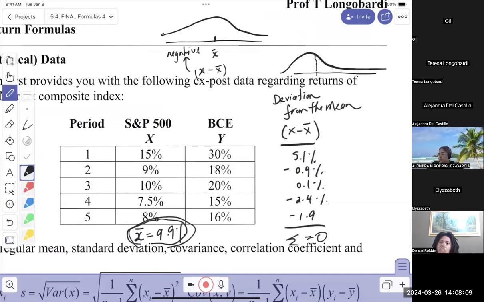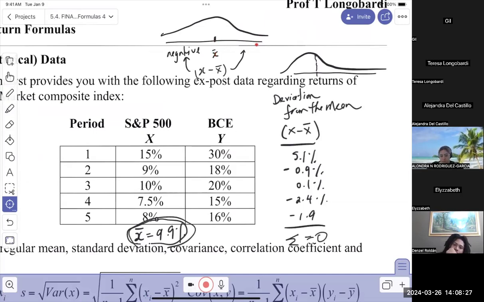And all the values above will be what? So if I take a value higher than x bar and I subtract x bar, what will I get? A positive or a negative?